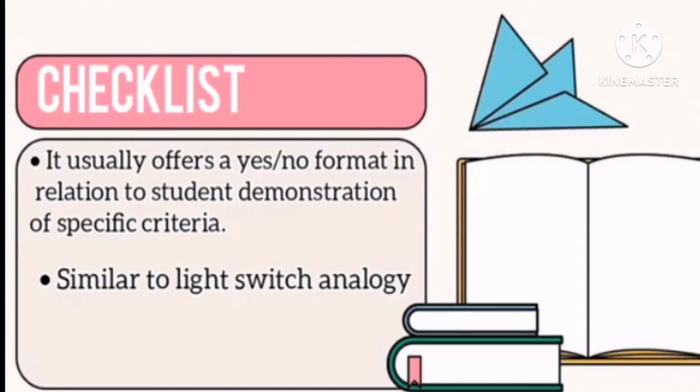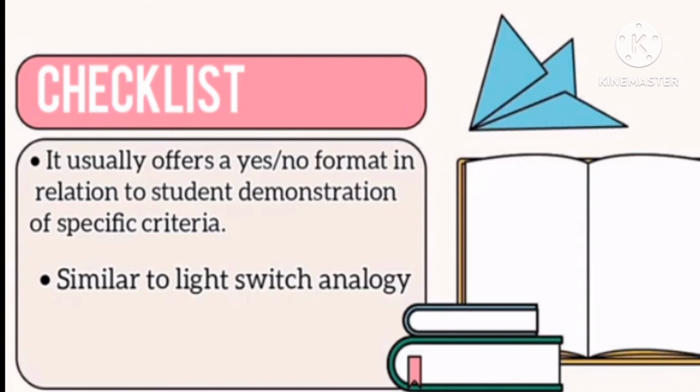So checklist usually offers a yes or no format in relation to the student's demonstration of the specific criteria. Similar to a light switch analogy, you have to switch on or switch off. That is the checklist.